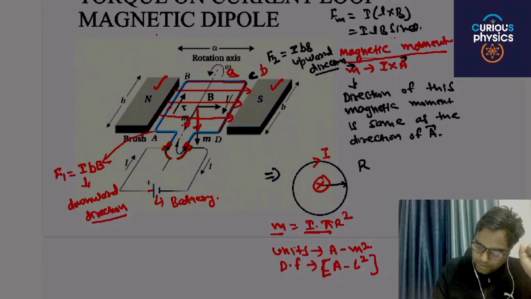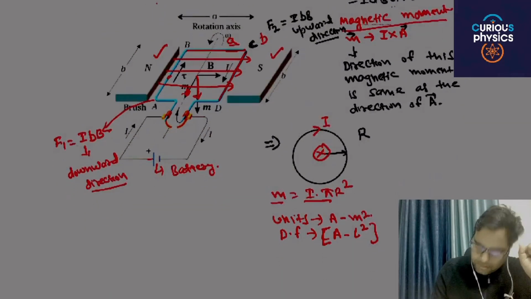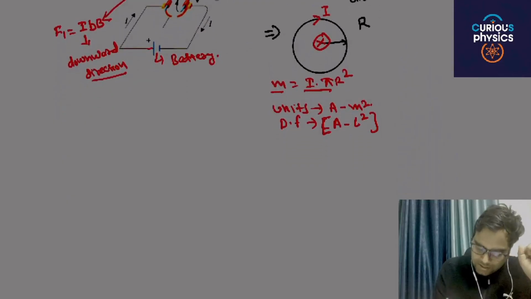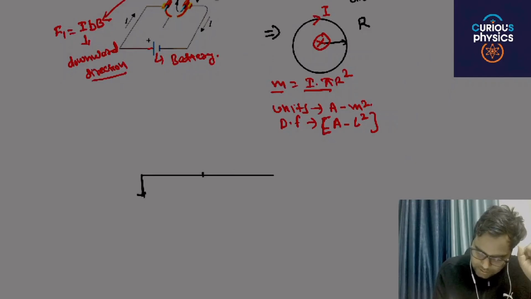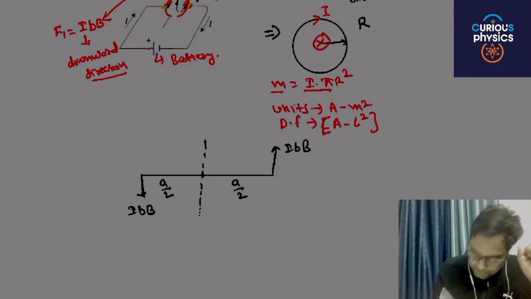The simple structure you can make like this. Let's say this is the length, and this force is IBb in downward direction, and this is IBb upward, and the loop will rotate. These forces try to rotate this loop. This is a by 2 and this is a by 2.